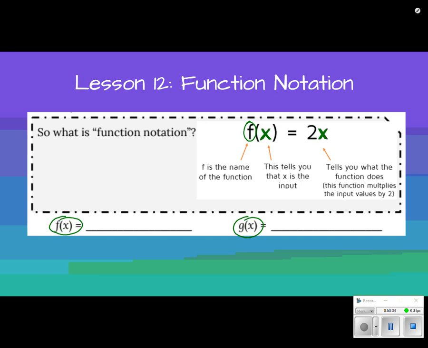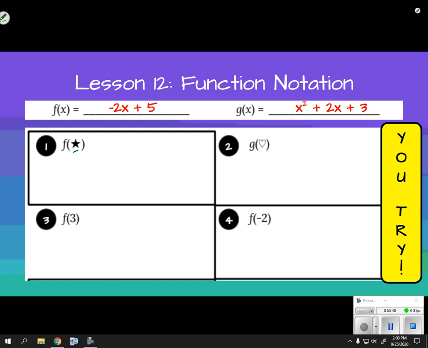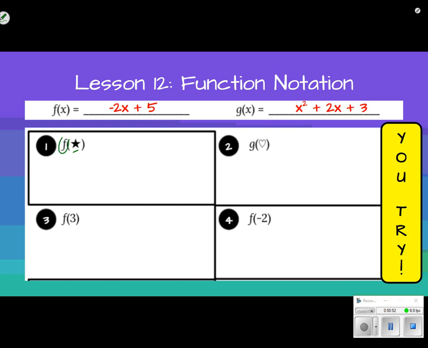So let's do a little bit of these. When we do these, I'm going to do the odds, and then I'm going to have you try the evens. So for number 1, there's not a whole lot of math we're going to do because we're plugging in a star. But as I go through the function f, everywhere I see an x, because there's a star in that location, I'm going to take out the x and substitute in a star.